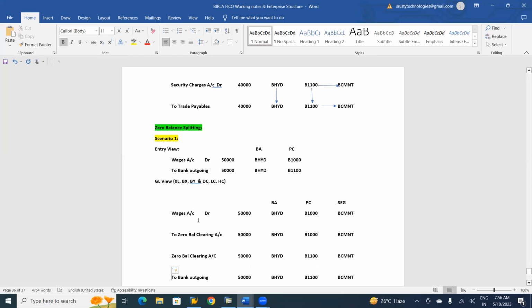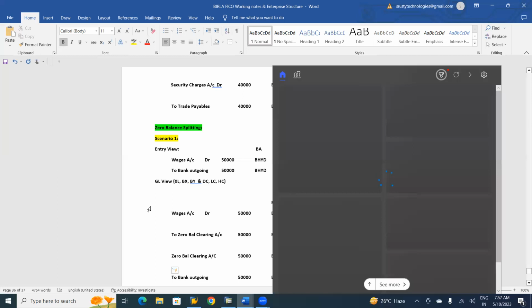Wages account debited, so debit profit center and credit profit center are equal now. Now here again, zero balance clearing account, 50,000. Earlier credit was B1100, so automatically it was adjusted to the debit line as B1100 profit center, and credit is also 1100. So cement. Any questions on this?